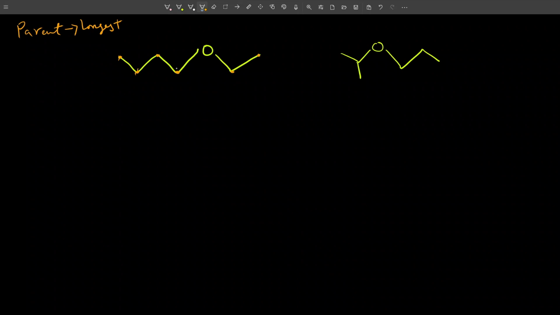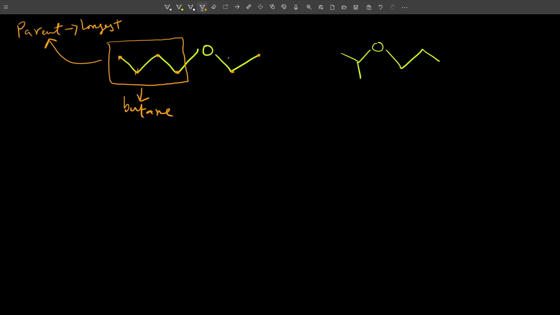On the left-hand side, we have one, two, three, four. So obviously the longest is this. So this here will be my parent. Four carbons. Normally it's supposed to be butyl, but since it's the parent, you call this butane.